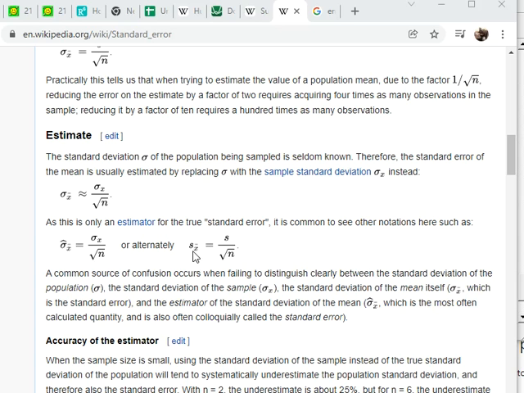This equation only works on values that truly are constants. If you're dealing with a value that is not a constant, this representation of standard error is just absurd.